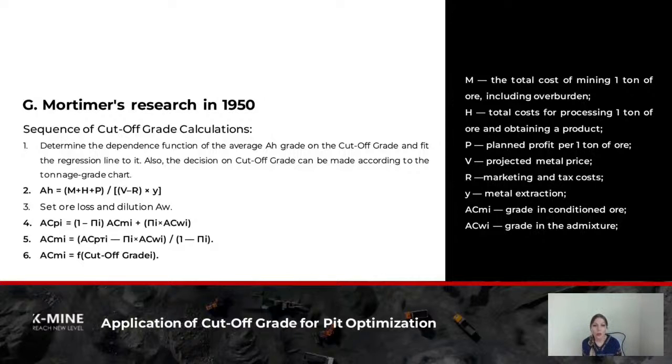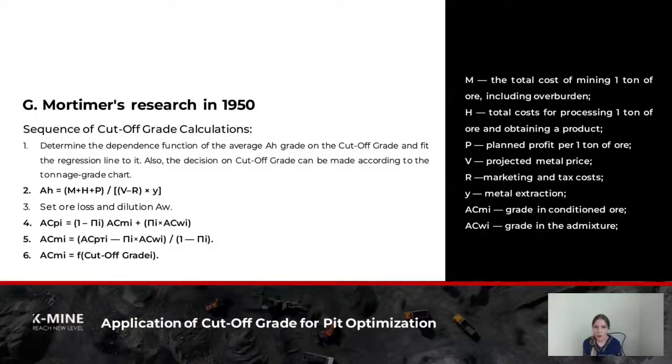Also, the decision on the cutoff grade can be made according to the tonnage grade chart. But then we need to calculate the required average grade of ore flow according to the first formula. After that, we should set the ore loss, whether it's actual or planned, it has to be in fractions of a unit, and determine AW, the grade in the admixture, which replaces the loss of ore.